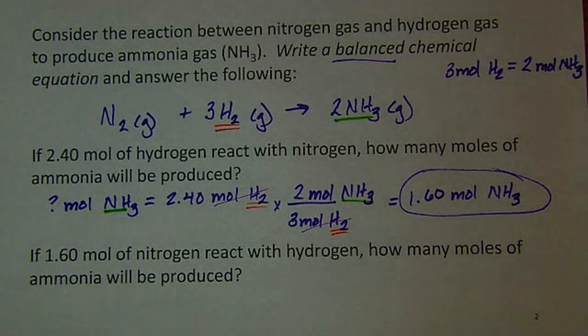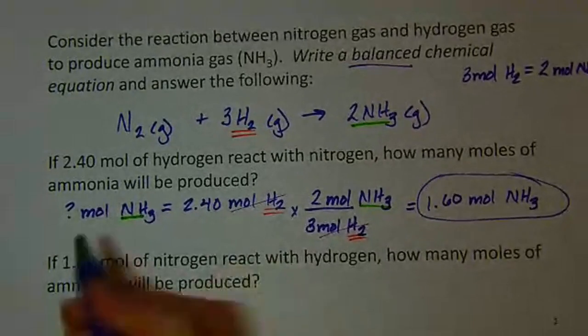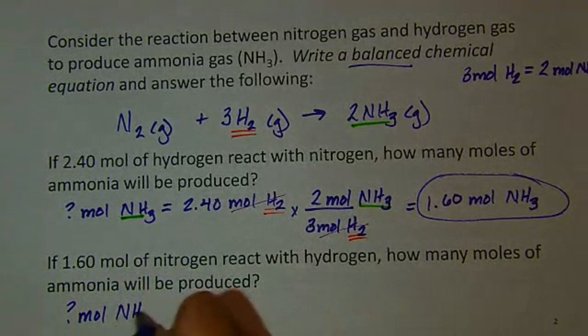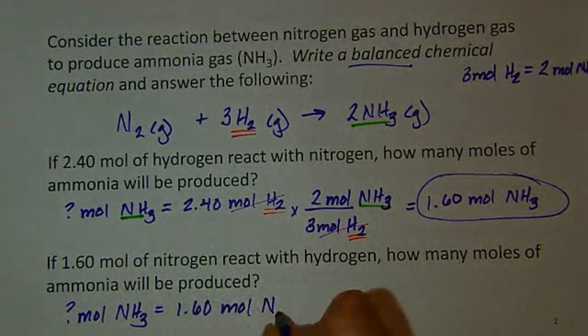For the second question, if 1.6 moles of nitrogen reacts with hydrogen, how many moles of ammonia will be produced? Well, I want to know how many moles of ammonia will be produced if I react 1.60 moles of nitrogen.